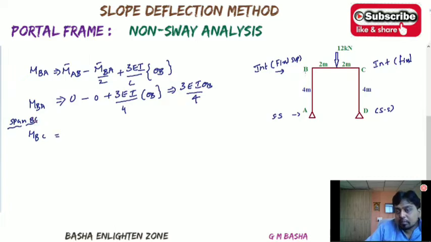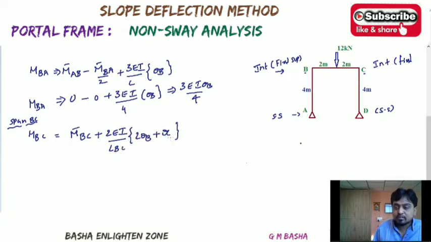So we are at B and looking at C. C is the far end intermediate support, which is considered as the fixed one. So you can use directly the far end fixed support formula: M bar BC plus 2EI by L BC into 2 theta B plus theta C. Then substitute the values in the formula.